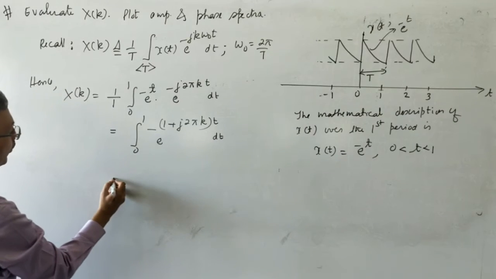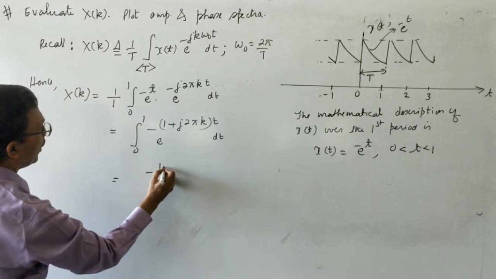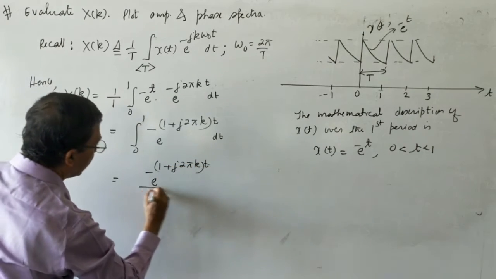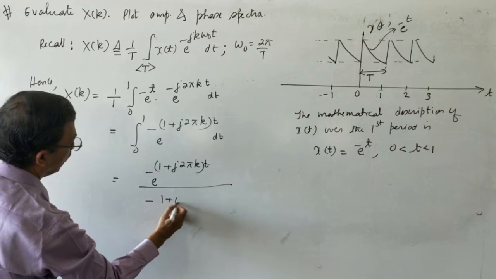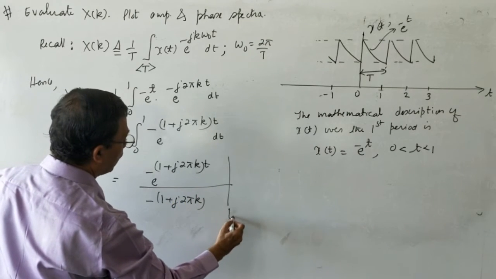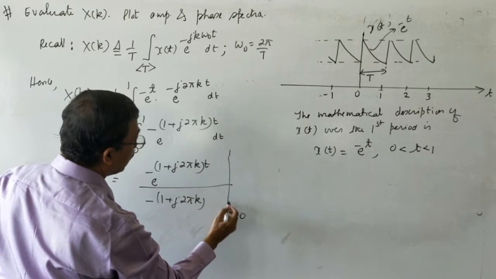Integrate this. If you integrate this, you get e to the power minus 1 plus j times 2 pi k into t divided by minus 1 plus j times 2 pi k, limits for t from 0 to 1.